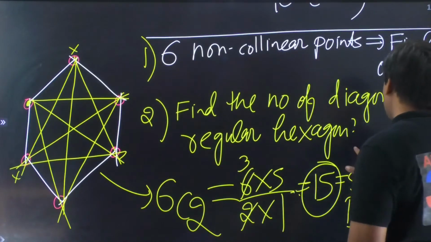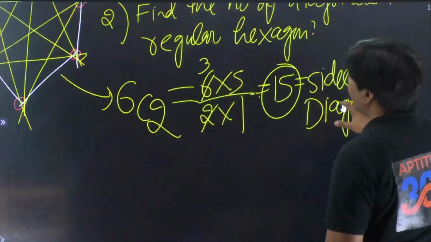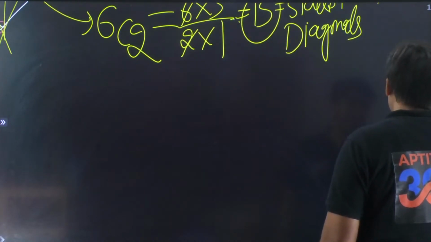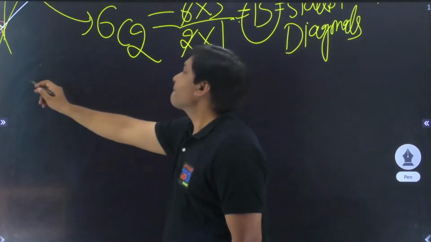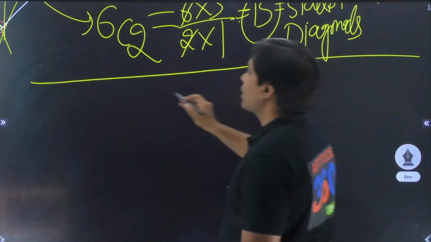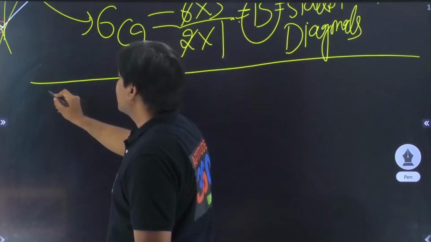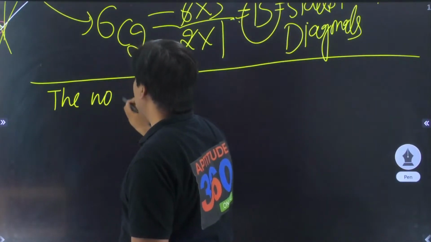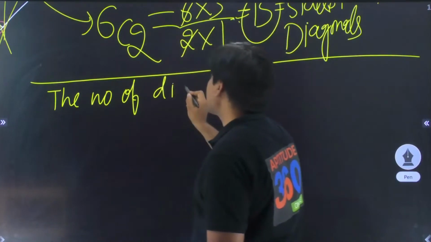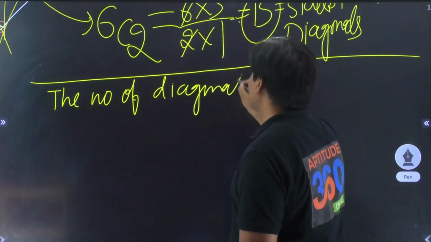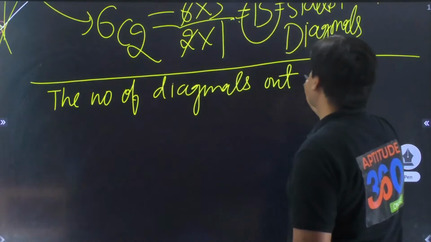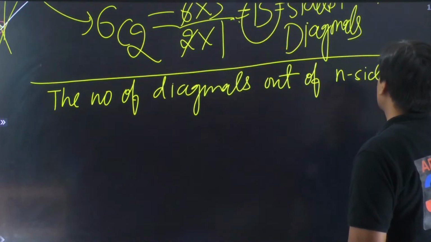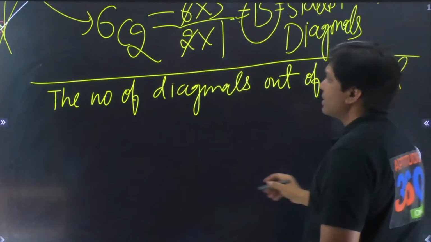So what can we say here? If you're understanding this thing, I can generalize this by saying this. The number of diagonals out of an n-sided regular polygon.